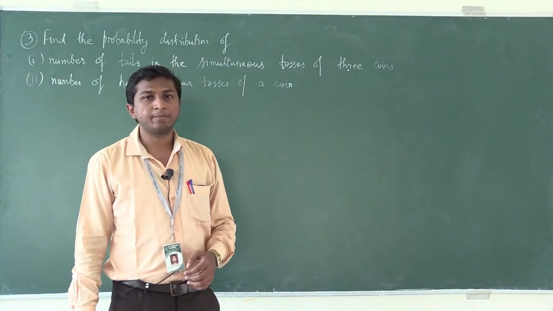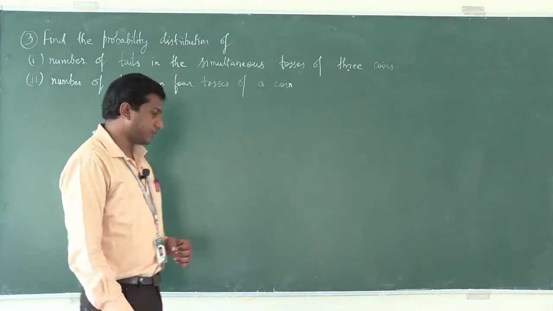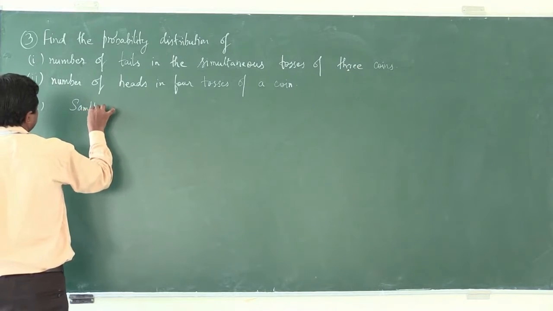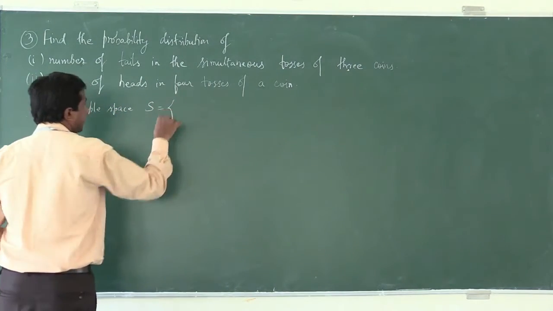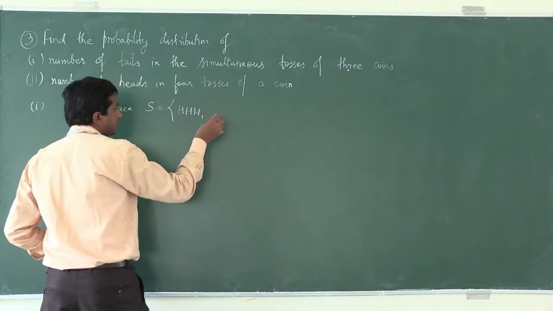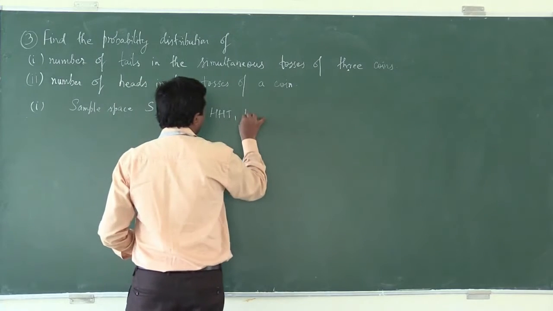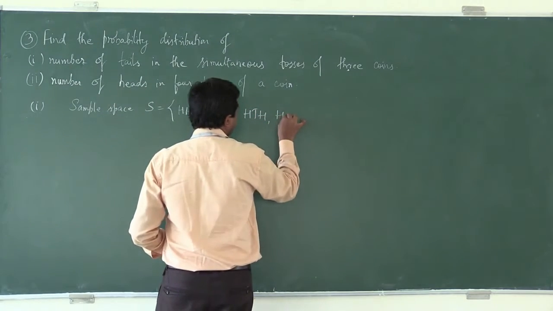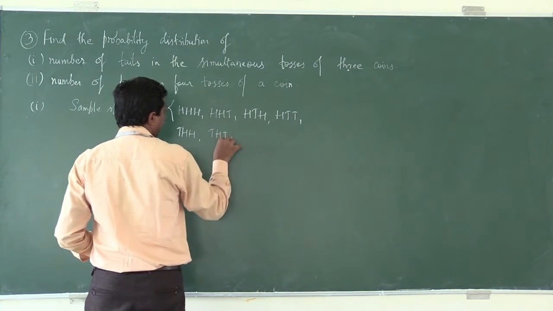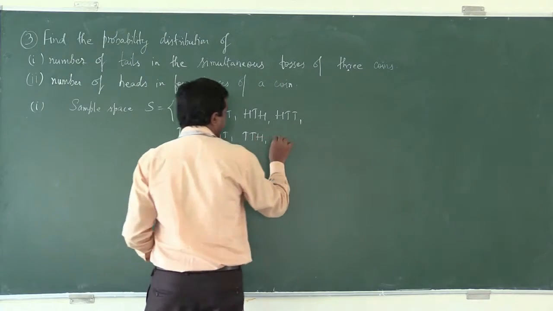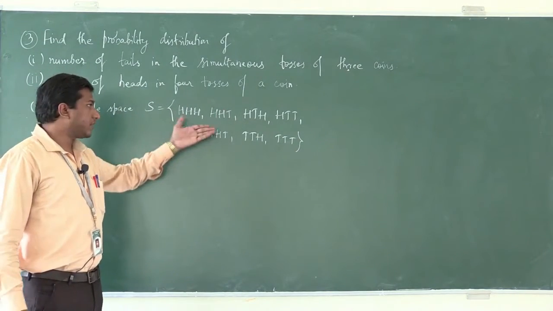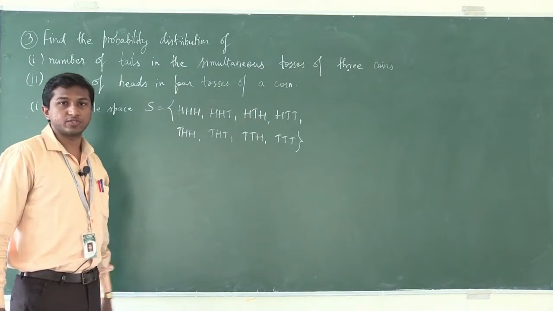If we are denoting heads by capital H and tails by capital T, then sample space S equals, we start from H, 3 heads, H, H, H, then H, H, T, then H, T, H, then H, T, T, then T, H, H, then T, H, T, then T, T, H, and in the end we get T, T, T. So we have written all the 8 outcomes of the random experiment tossing 3 coins.